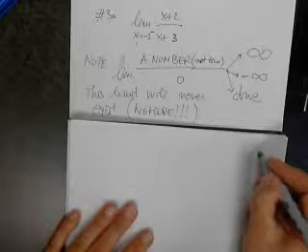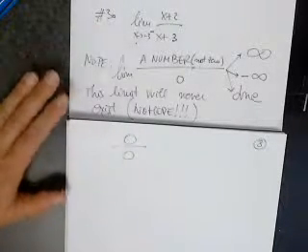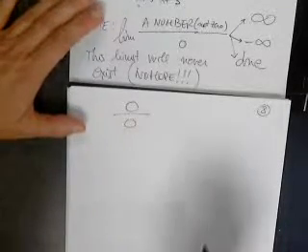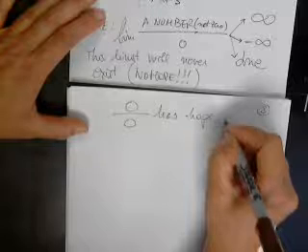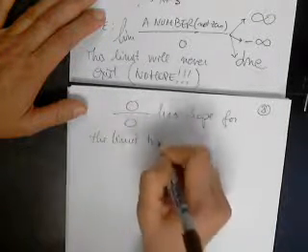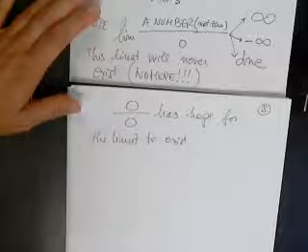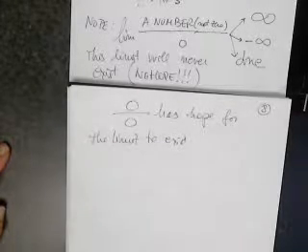Now, if I have this situation, 0 over 0 has hope for the limit to exist. I'm not saying it will exist. I'm saying there is hope for this limit.